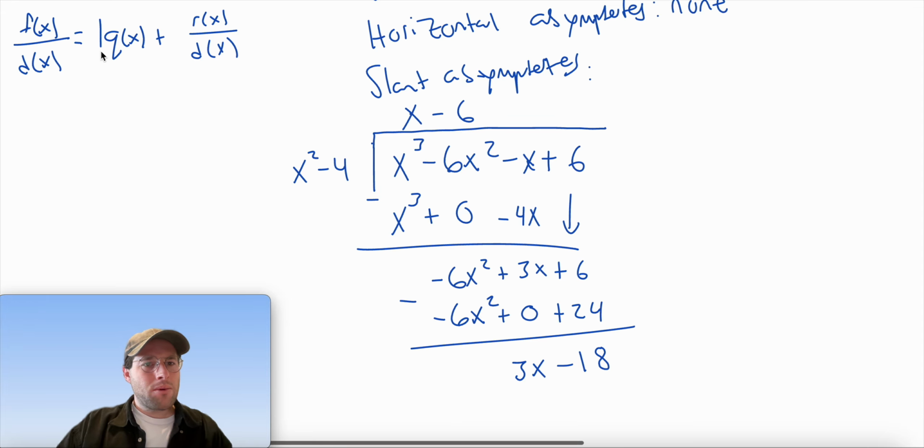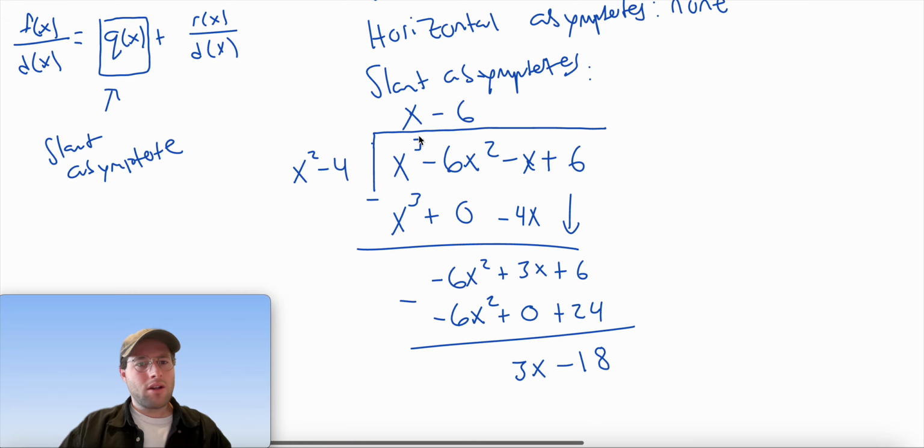And so this part right here, the quotient, is going to be our slant asymptote. So in our situation here, our slant asymptote is this part right here, because if we wrote it out, the quotient is x minus 6, and the remainder here would be 3x minus 18.